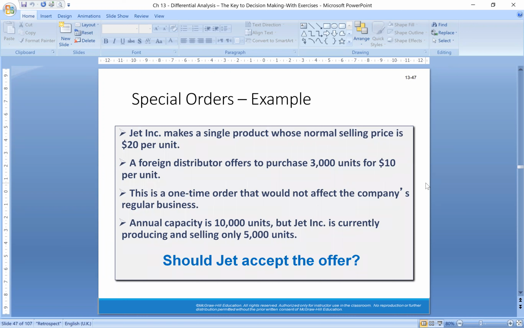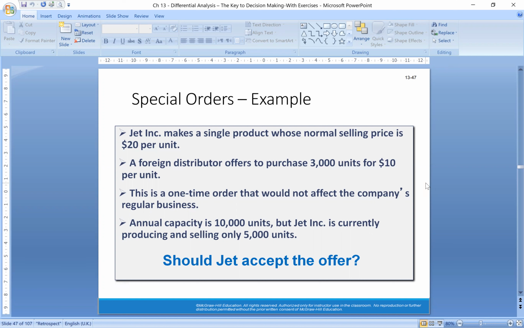Example, Jet Incorporated makes a single product whose normal selling price is $20 per unit. So our normal price is $20. We are selling our product for $20. A foreign distributor offers to purchase 3,000 units for $10 per unit.